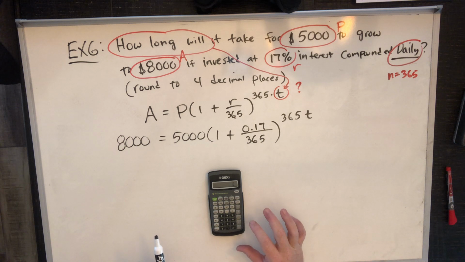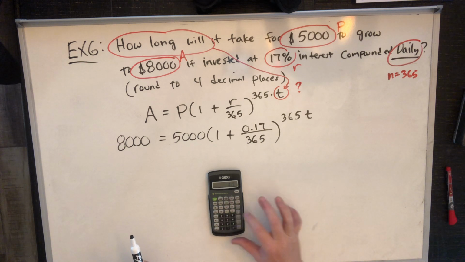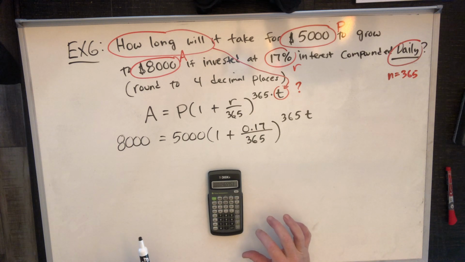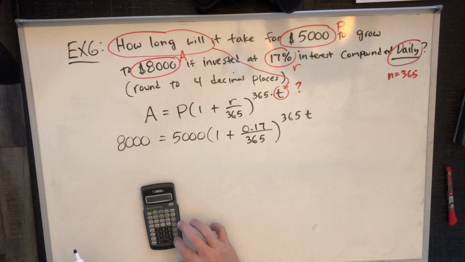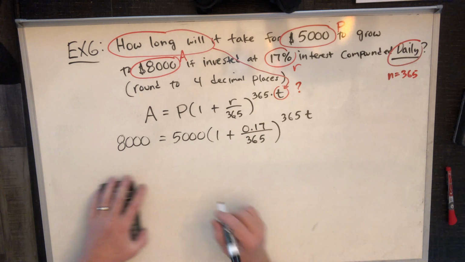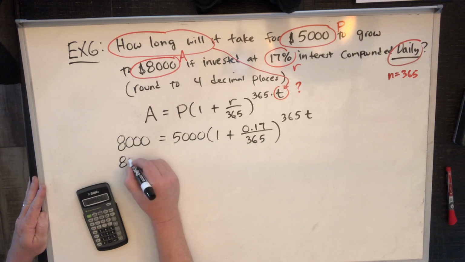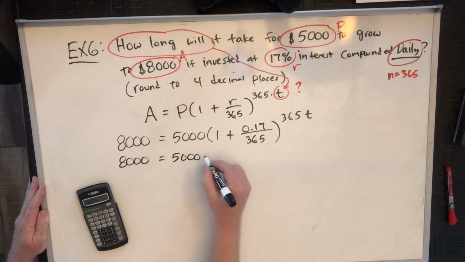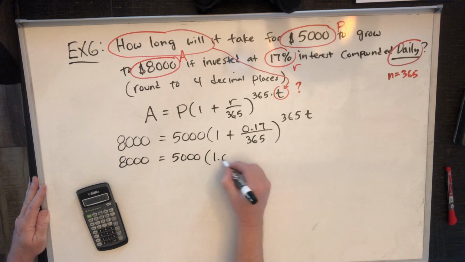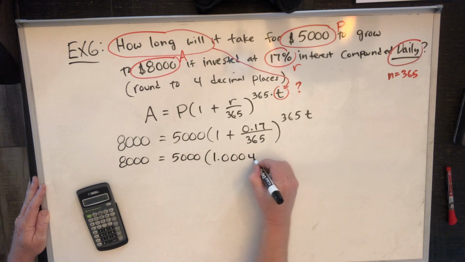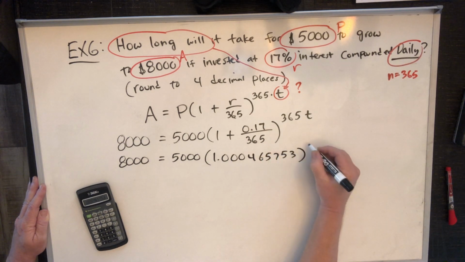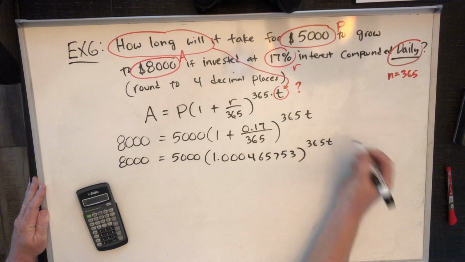So 0.17 divided by 365. It's tiny. Plus 1. So we've got 8,000, 5,000, 1.000465753 to the 365t.